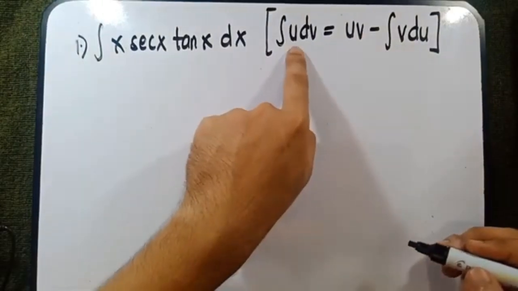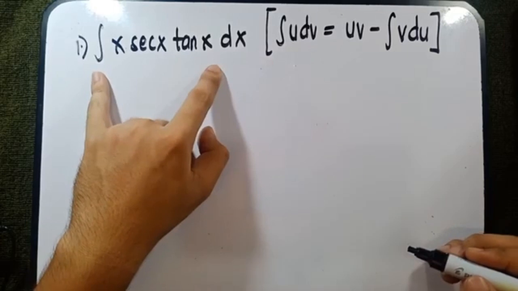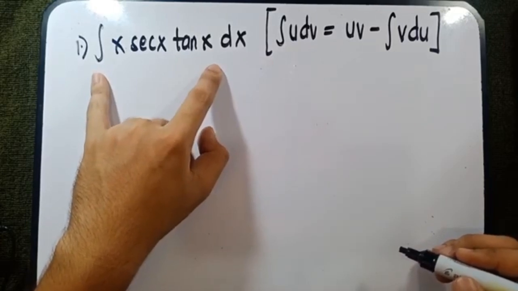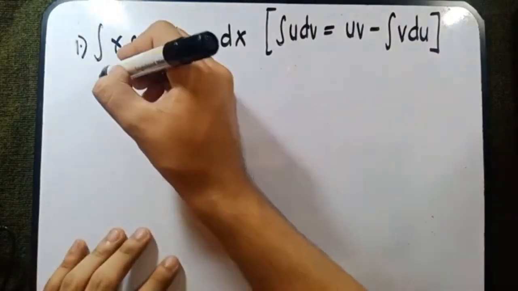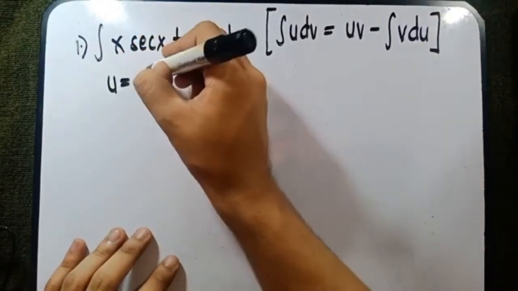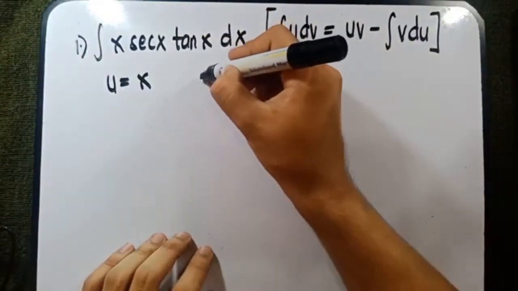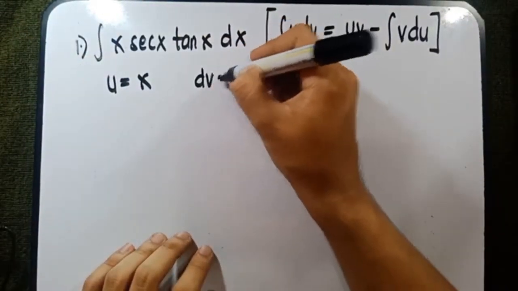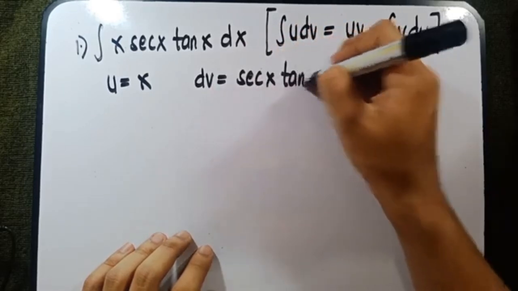Ngayon, kailangan natin malaman kung alin ba yung u, alin yung dv, base dito sa ating given example. So, sabi ko nga, nauna yung algebraic expression, so ang u natin is yung x. Tapos yung dv natin ay of course yung natira, yung secant x tangent x dx.